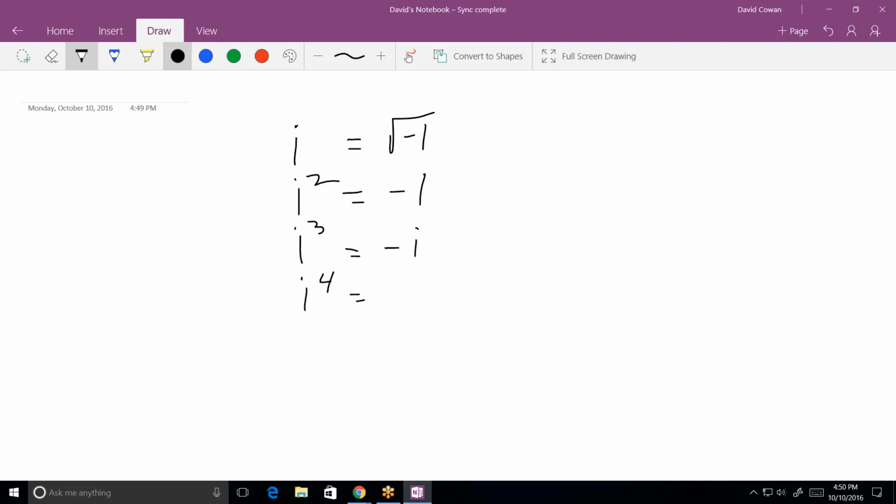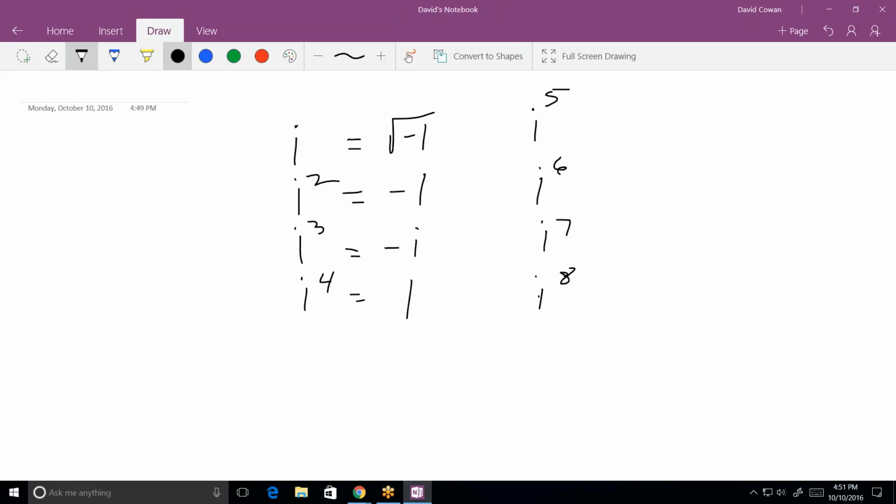And what's i to the fourth? Well, it's i squared times i squared, so it'd be positive 1. In other words, you always convert these to numbers if you can. Now, the sequence has 4 pieces to it. After that, it just repeats.